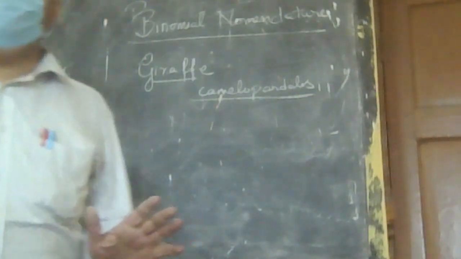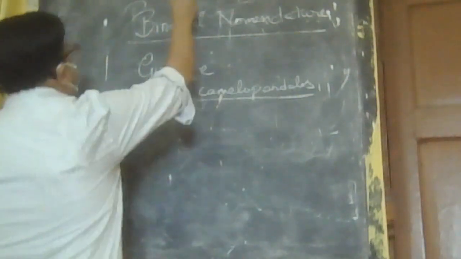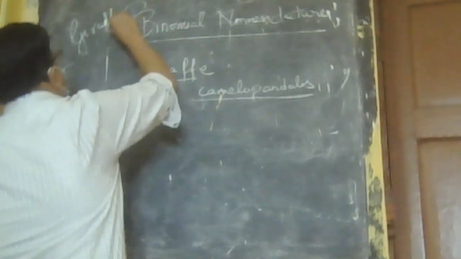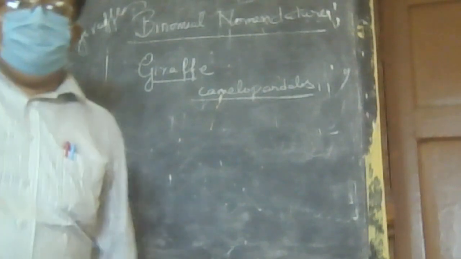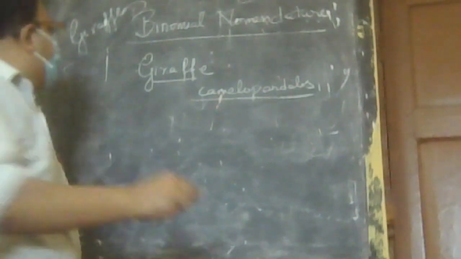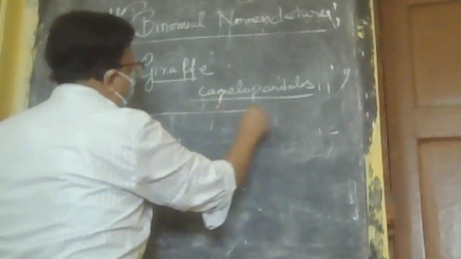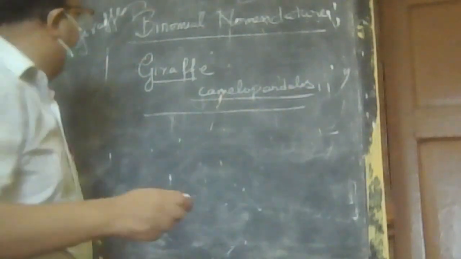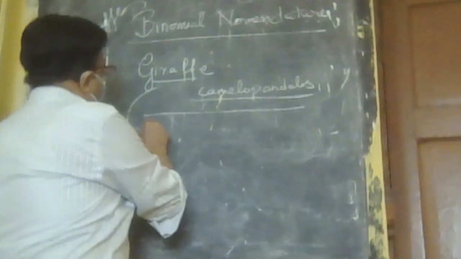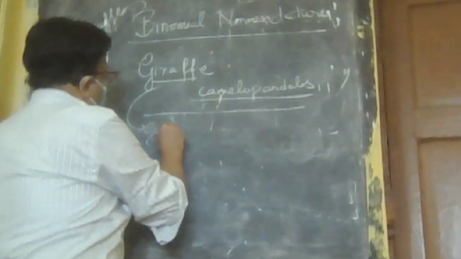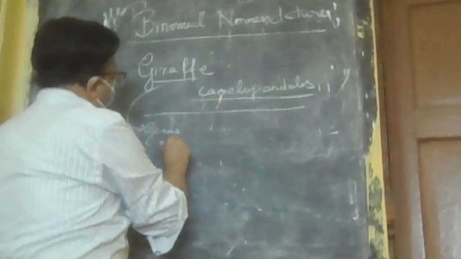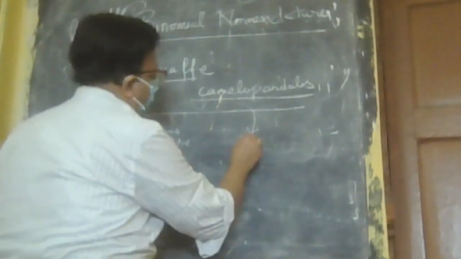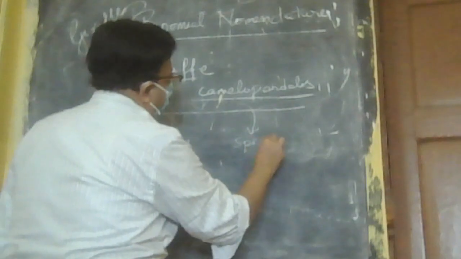This is the common name of the animal which is known as giraffe. Okay. So you have to write it in a straight line, and then I have kept it like this. So this is the genus name. This is the species name.